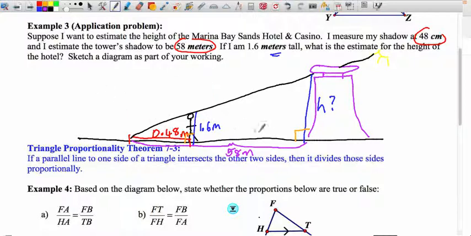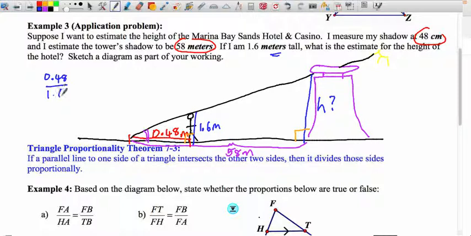What this allows us to do is to establish similarity between these two triangles, the small triangle of my shadow and my height, and the shadow and the height of Marina Bay Sands, by virtue of AA. So we each have a 90-degree angle and we have a reflexive angle over there. So we have AA similarity, which allows me to set up a proportion.